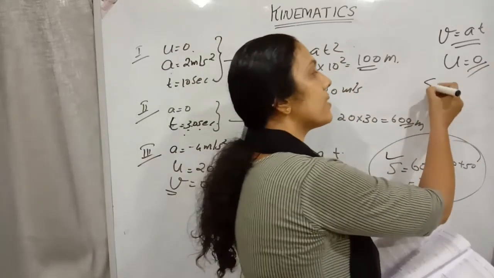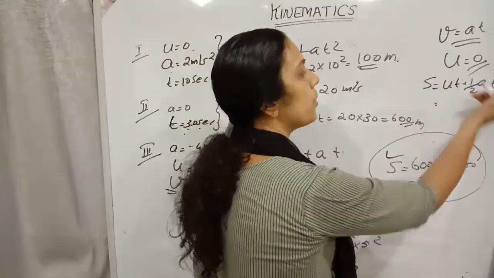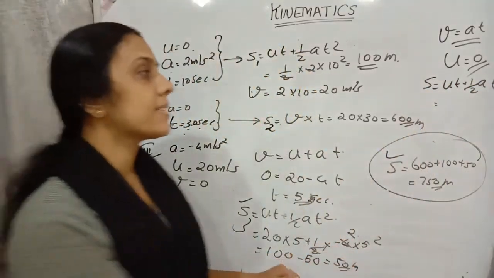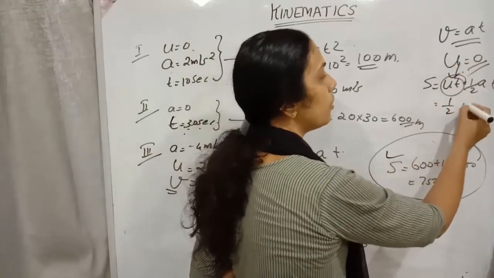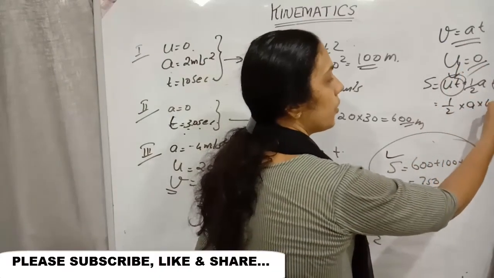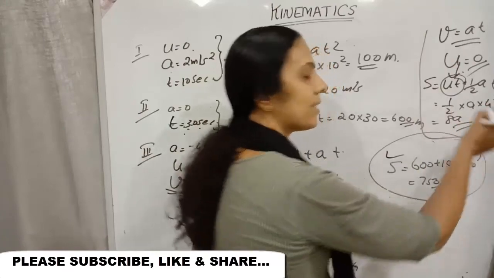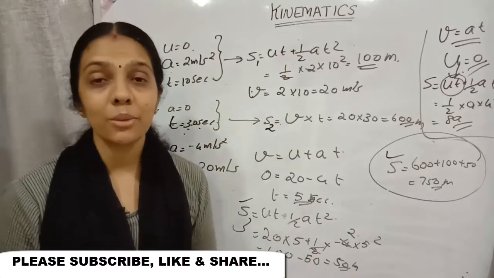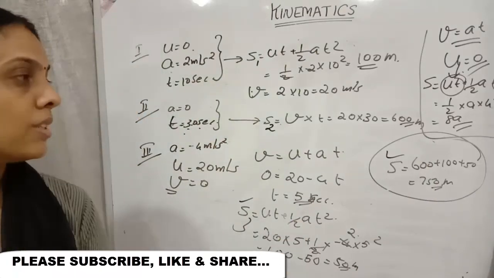How will you find the distance travelled in the first 4 seconds? S is equal to ut plus half at square. Here t equals 4 seconds is given, and u is 0, so we do not need that term. Therefore half into a into 4 square. We can substitute, so 8a will be the answer. This is an easy question, nothing to think about more, so you can do it easily.